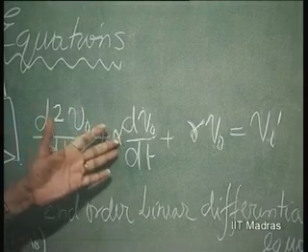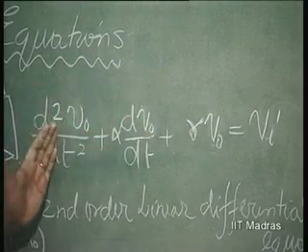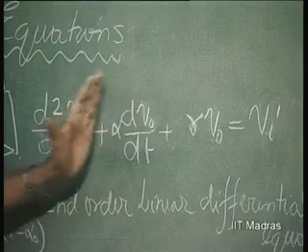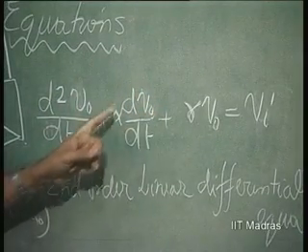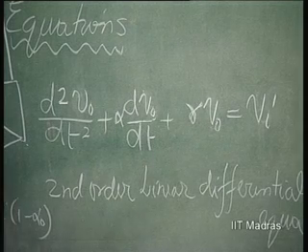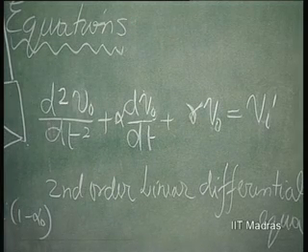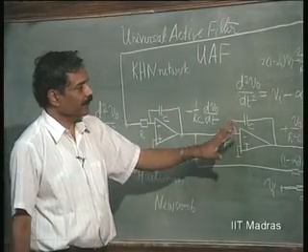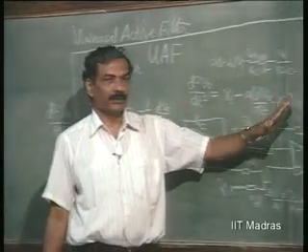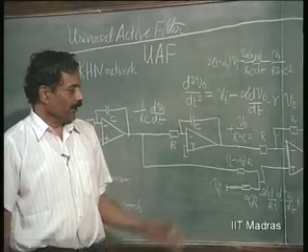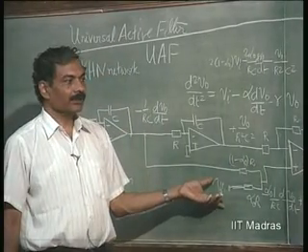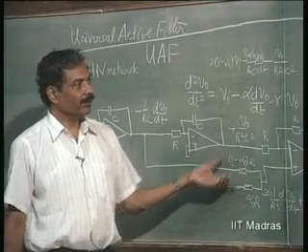That is, so as to have only stable solutions for the differential equation, we are restricting alpha and gamma to be always positive. In such a case, this differential equation will give a stable solution, transient or steady state. And the input, when it is sinusoid, we can find out what the output is.